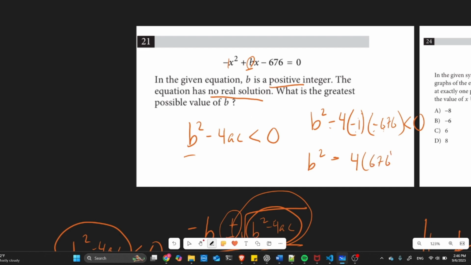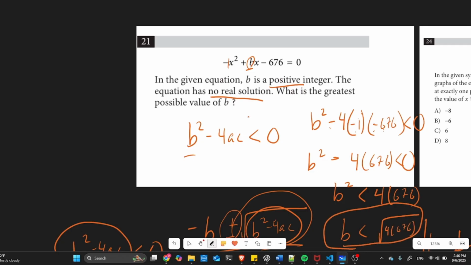676, you're going to get a calculator to do that, and then b squared is less than positive of that number, and then you have to square root it. But yeah, that's how you do it, and that's how you get the greatest possible value.